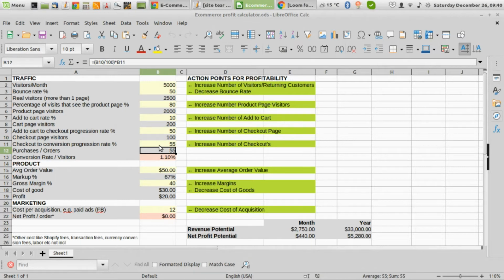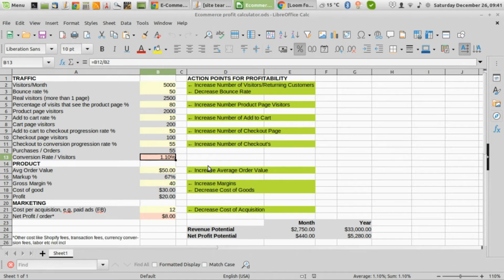So if we go there with 55%, again, that might vary from industry to industry, then that leaves us with 55 buyers at the end of the day. So just to go back to the start, we had 5,000 visitors on your store. And from the 5,000, you had 55 who actually bought from you, which gives you a conversion rate of 1.1%.